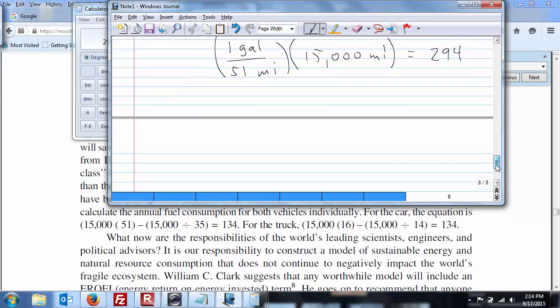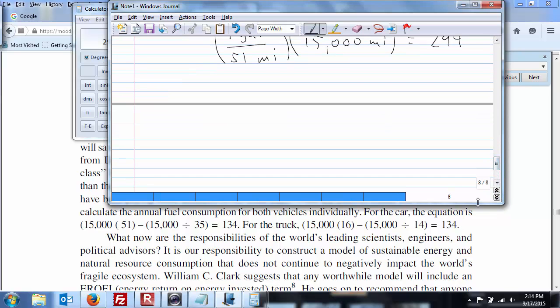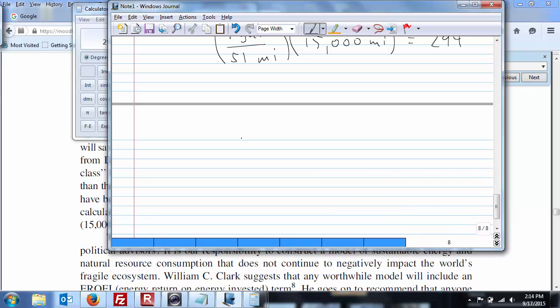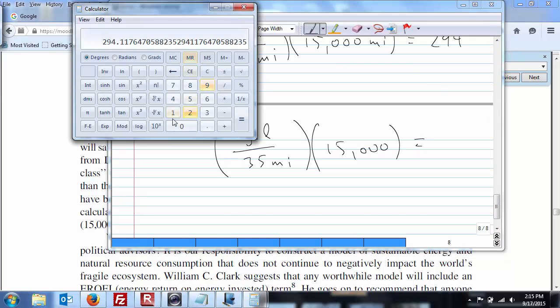Now let's go with the less fuel efficient car. So I'm looking at 1 gallon for 35 miles, and we're going to run the thing for 15,000. So 15,000 divided by 35 equals 428.